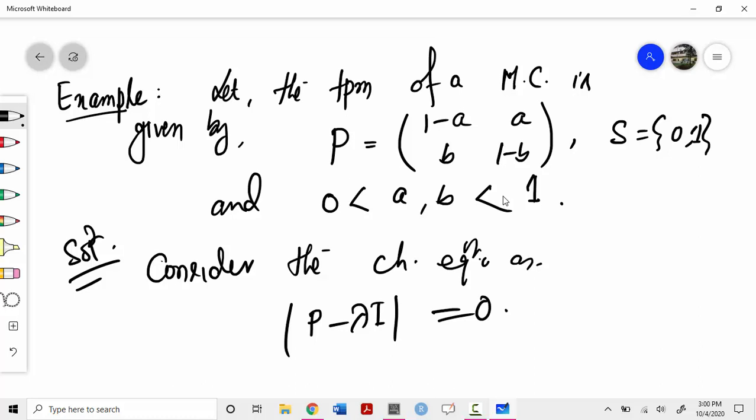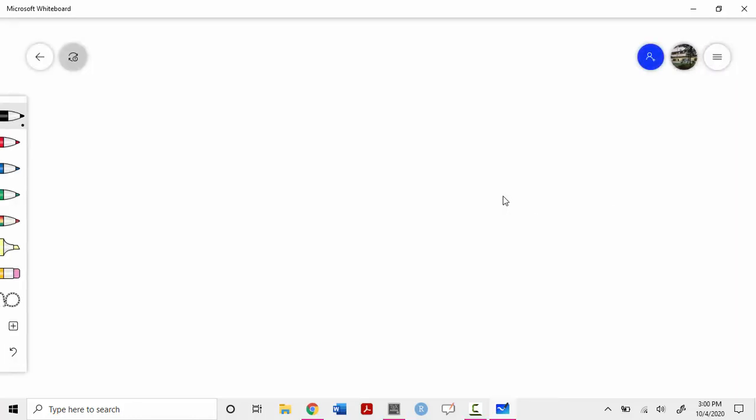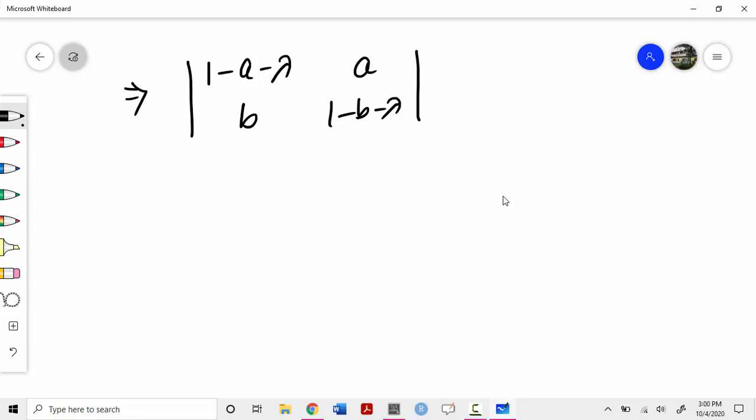So that implies determinant of [1 minus a minus lambda, a; b, 1 minus b minus lambda] equal to 0.